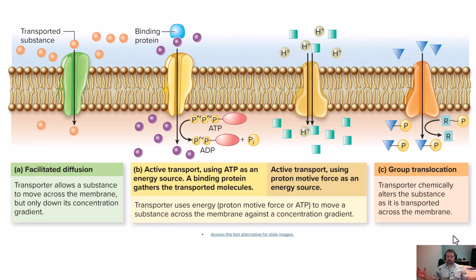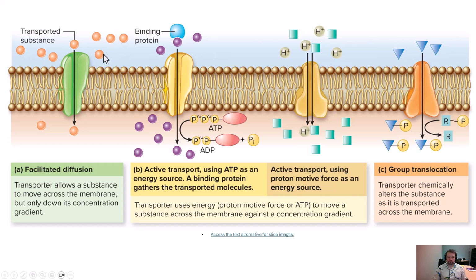Okay, so in general, when we talk about movement across the membrane, we can talk about a few different ways. You can have facilitated diffusion, where the substance is moving through a specific protein, like an aquaporin or a specific protein that is geared towards that substance.